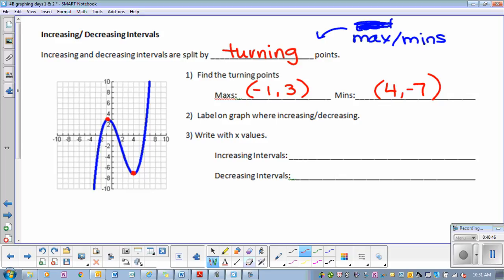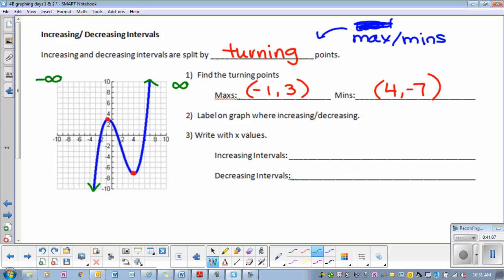All right, and then now what we're going to do is label on the graph where it's increasing and decreasing, okay? So, guys, you're always going to have a negative infinity on the left, and you're always going to have a positive infinity on the right, okay?